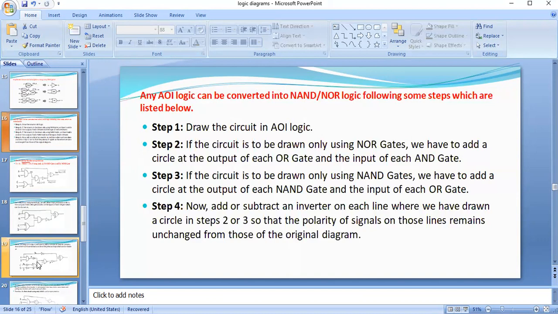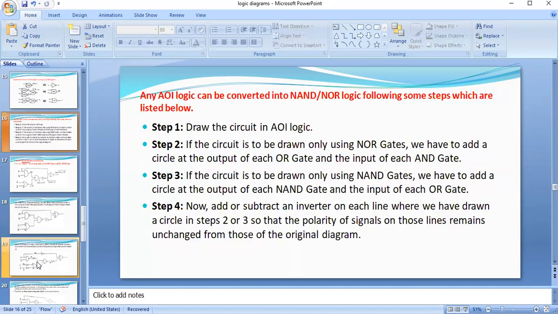For example, if you want to implement the circuit using only NOR gates, what do we have to do? We have to add a circle at the output of each OR gate and input of each AND gate. If you want to implement a logic function using only NAND gates, what do we have to do? We have to add a circle at the output of each AND gate and input of each OR gate.